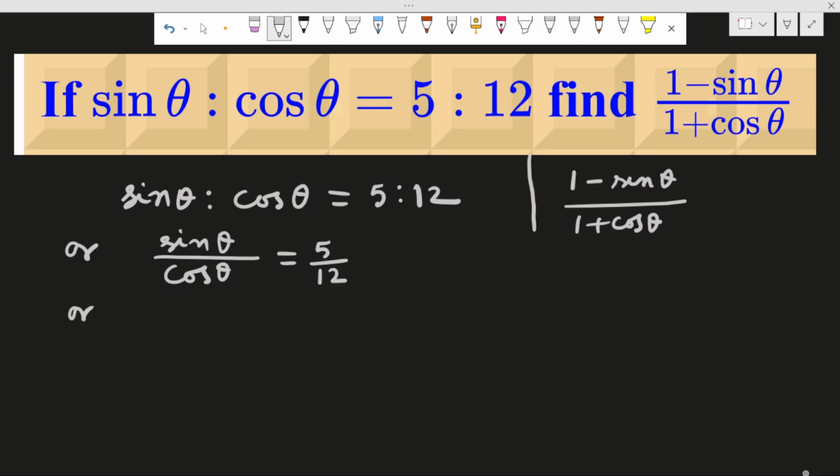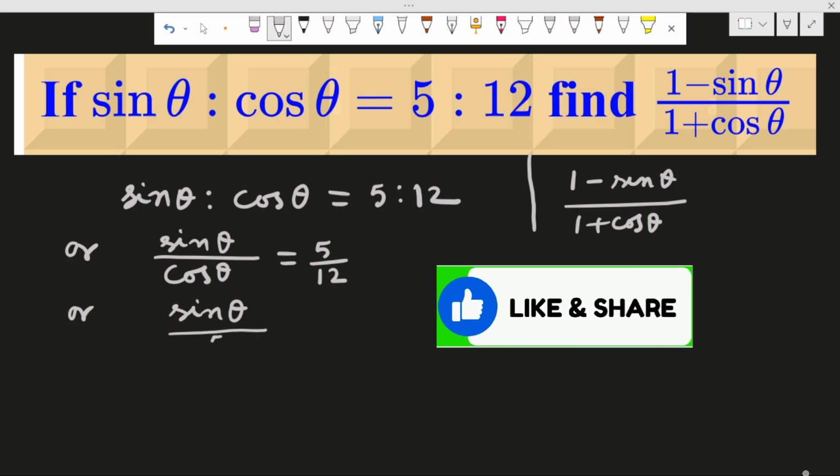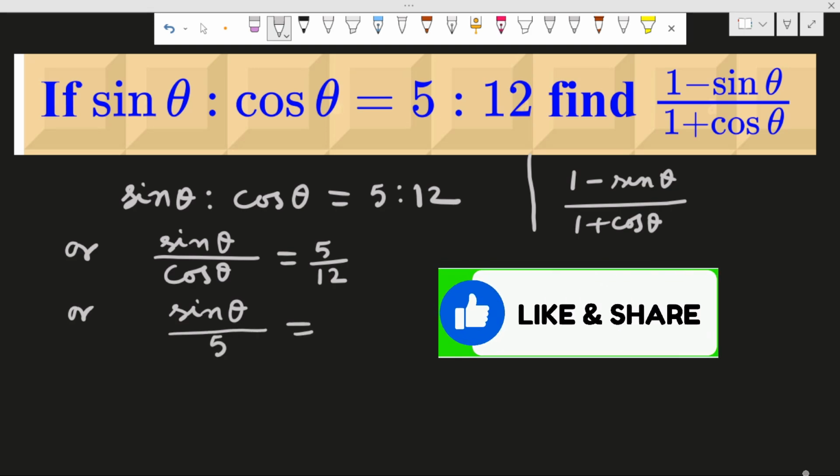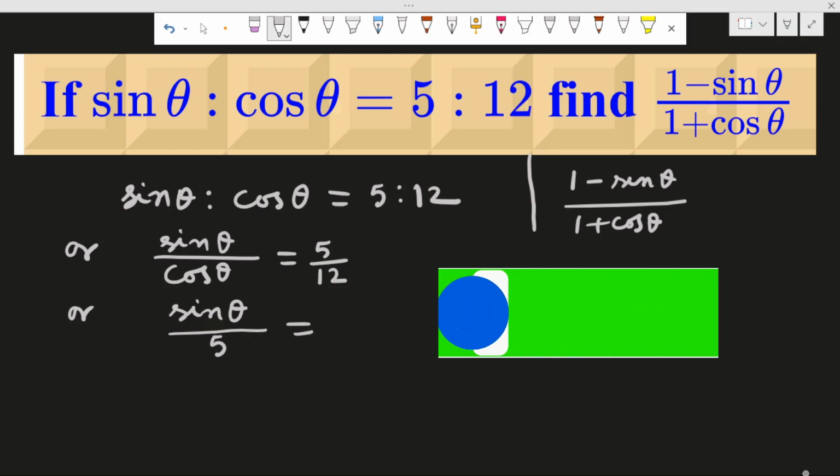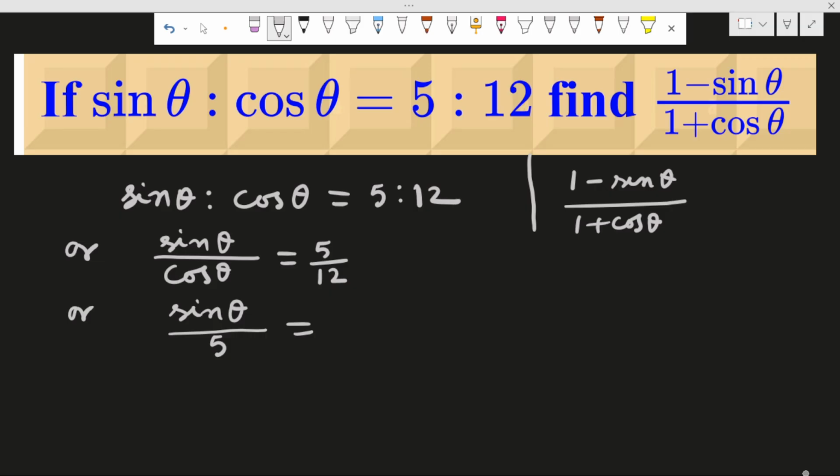First write this expression such that we can use the property of ratios. So writing sin theta by 5, this 5 is transposed to the denominator of the left hand side, is equal to cos theta, which is transposed to the numerator of the right hand side, or we may say cos theta and 5 are interchanged, cos theta by 12.